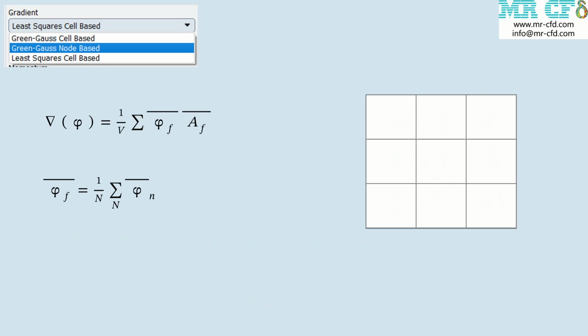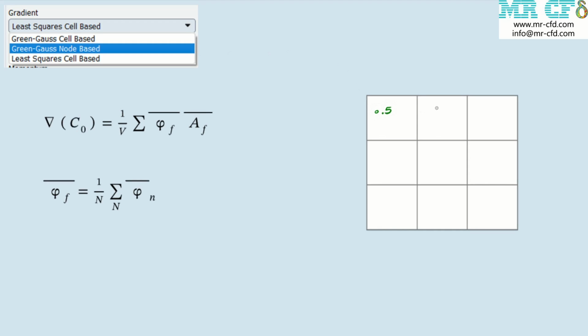In the gradient calculation using the Green-Gauss node-based method, the formulation for calculating the gradient at cell C0 is similar to the previous method, with the main difference being how the face value of phi is determined. Consider the same grid and values. In this method, the face value is computed by averaging the values of the nodes in contact with that face.